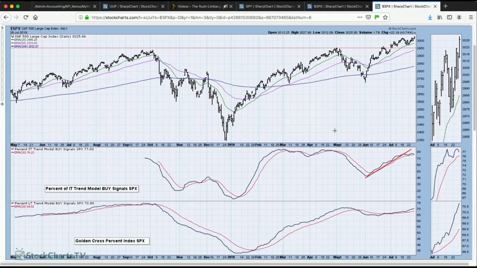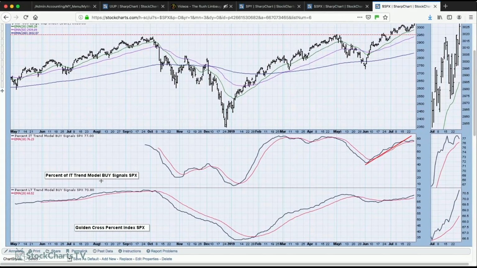Here's the IT trend model percent, SPX stocks. It's rolling over. Chances are it's going to head lower for a period of time, who knows, but we are near the extreme of the range.